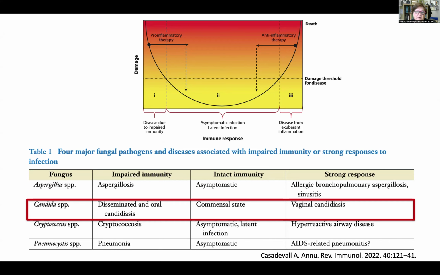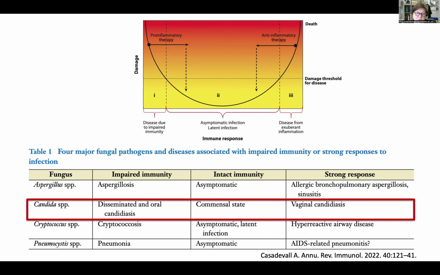So the x-axis ranges from severely immunocompromised to hyperreactive. The y-axis reflects the amount of tissue damage. When you go to the left in the impaired immunity, the damage is caused by the invasion of the fungus into the tissues, whilst the further right you go to the hyperreactive patient type, the tissue damage is caused by that exuberant immune response.